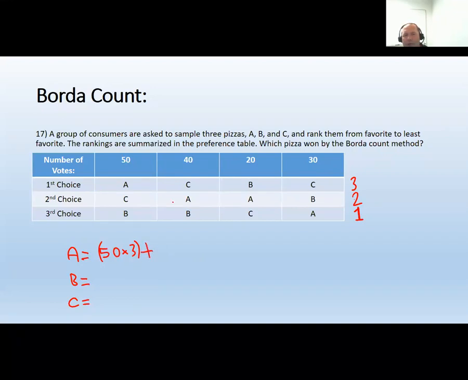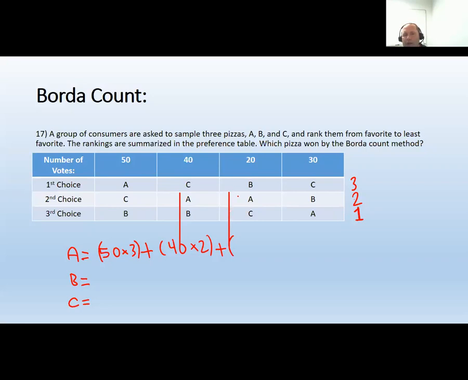Plus, now when we go to the next column, 40 voters had that preference, and A was second place among those 40 voters, which means for those 40 voters, A gets 2 points each. But then the next column, there's 20.